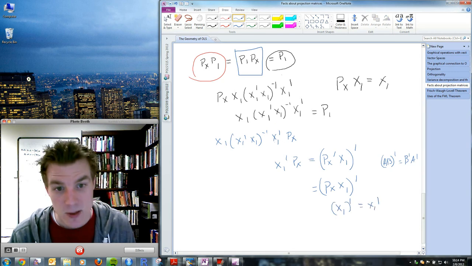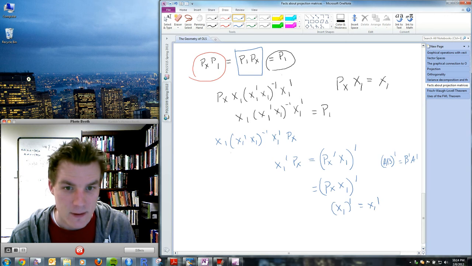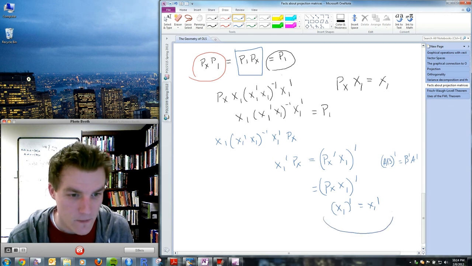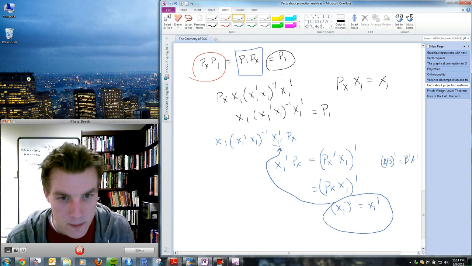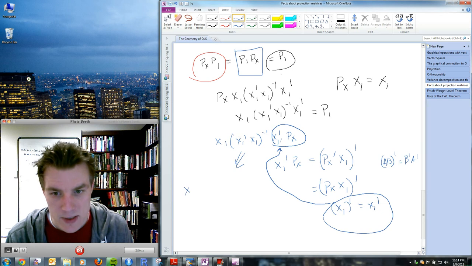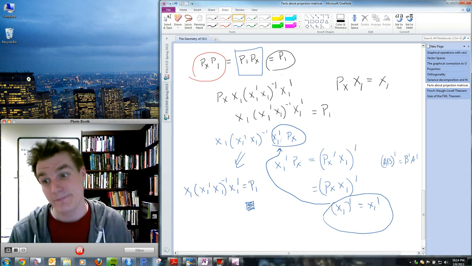Now we can substitute that in right there, and we get (x1 transpose x1) inverse x1 transpose, which equals P1. Proof complete.